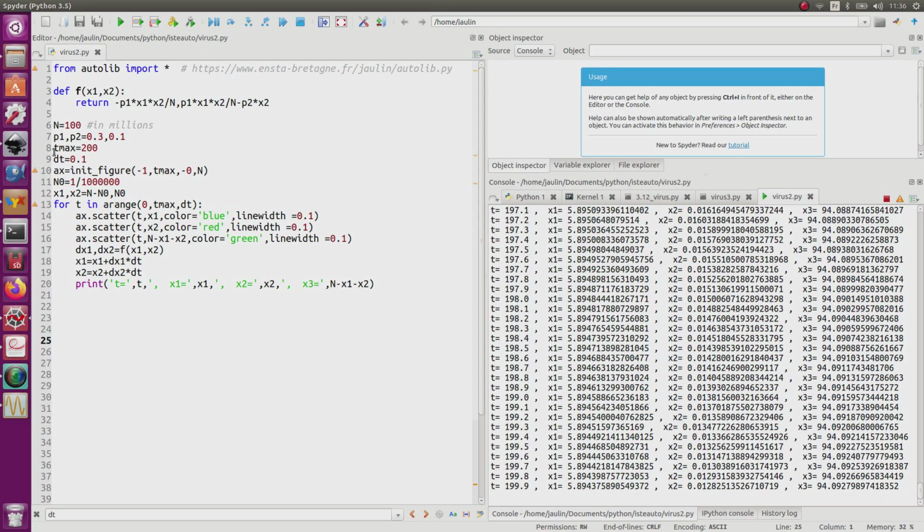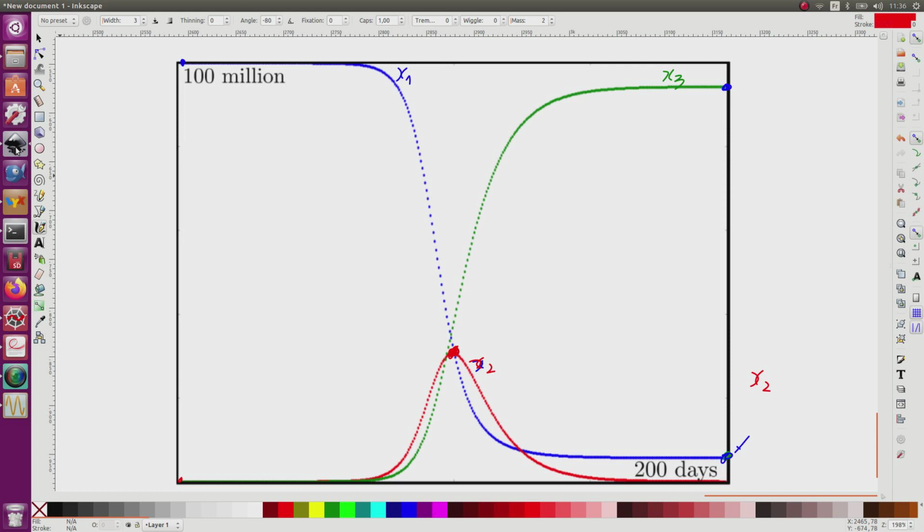From all these numbers given here, I can see that the peak of x2 corresponds in my situation to 30 million, and the corresponding time is 103 days.